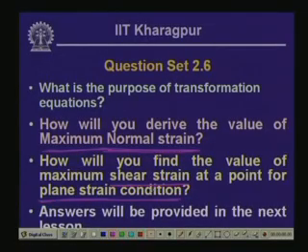Exactly in a similar line, as we have seen today, we have computed the transformation equations, the principal strain, and the principal angle. Now, we can compute the maximum shearing strain and the angles for the maximum shearing strain, and in which they will be acting, maximum and minimum shearing strain. So, this is the question: how will you find the value of maximum shear strain at a point for plane strain condition corresponding to the strains epsilon x, epsilon y and gamma xy?